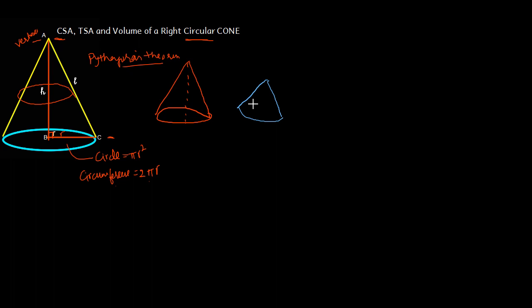It's not going to be a straight line because the bottom base is a circle. So the length of that border of the base was my circumference, which is 2 pi r. So that is my length, 2 pi r. And what was this? This is my slant height. That's my L. Remember that.